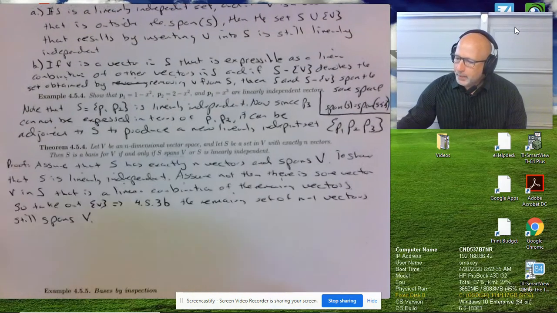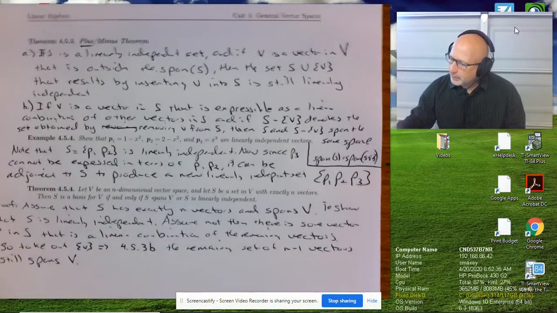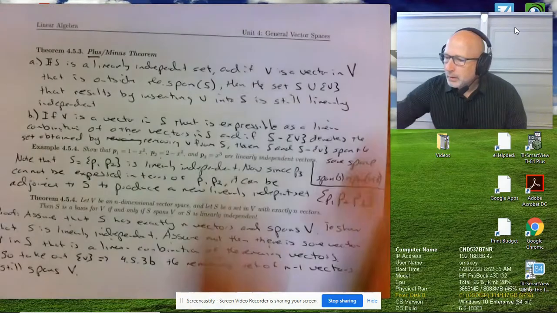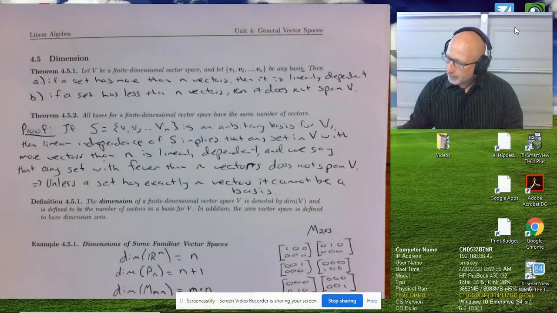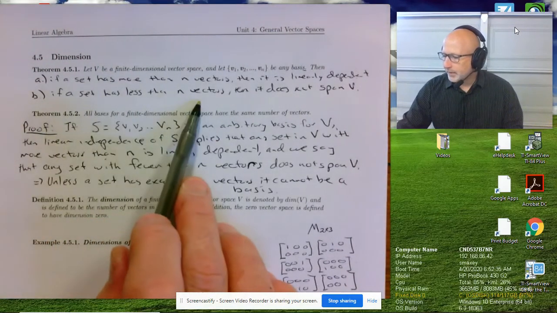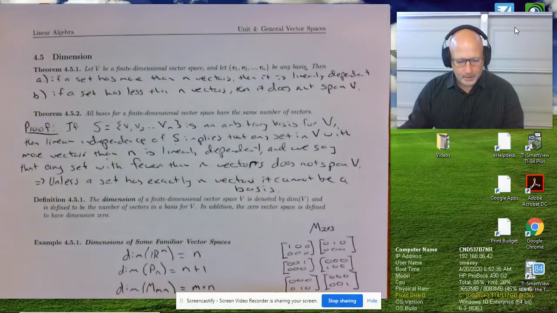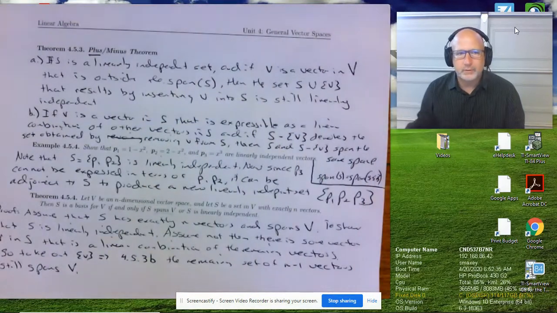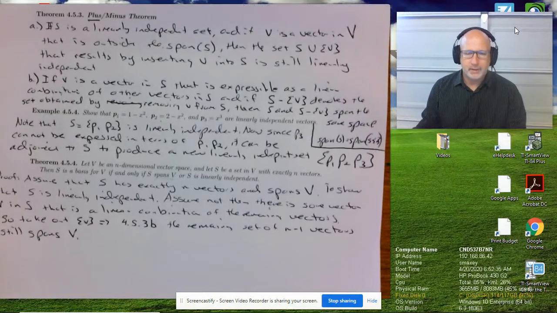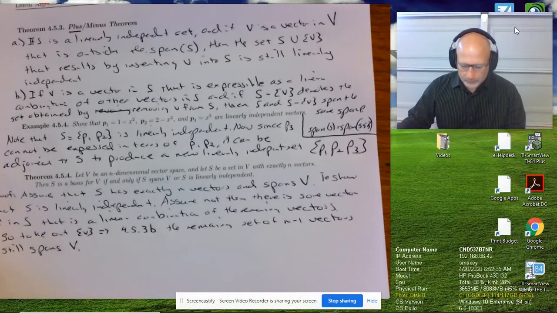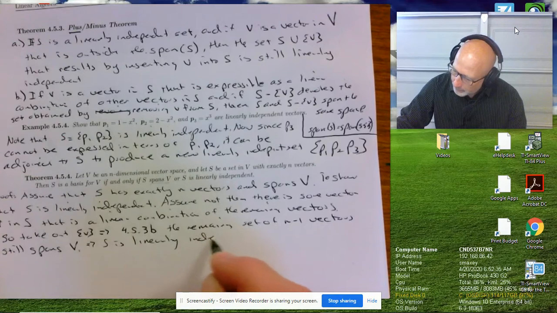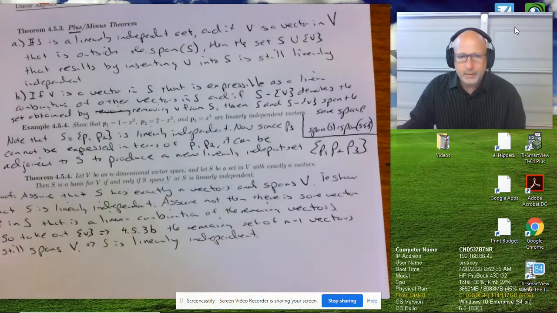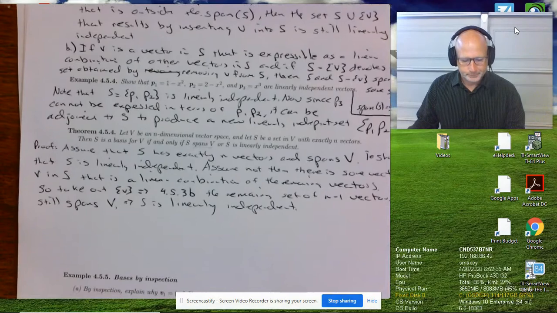If you go back to 4.5.1, if a set has less than n vectors, then it does not span V. So this has n minus 1 vectors, and since it has n minus 1 vectors, it can't span something with size n. So what does this mean? This means that S is linearly independent. Okay, this I know.